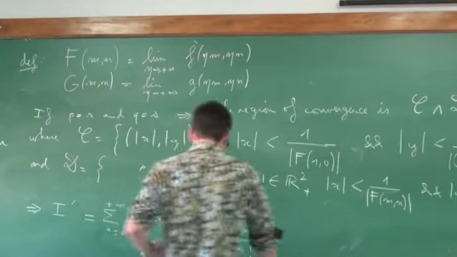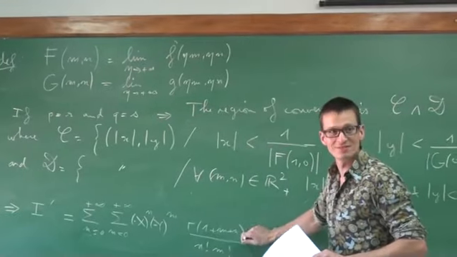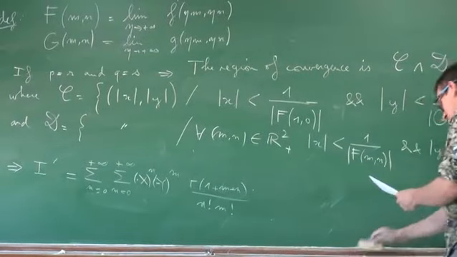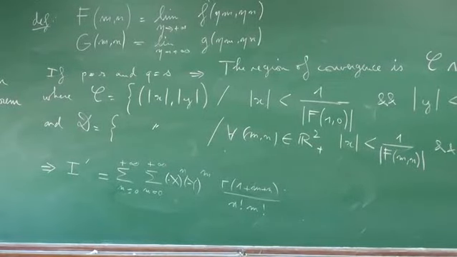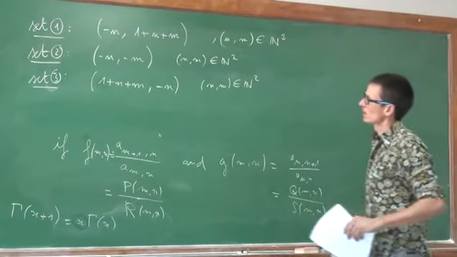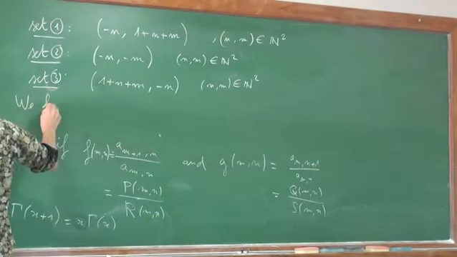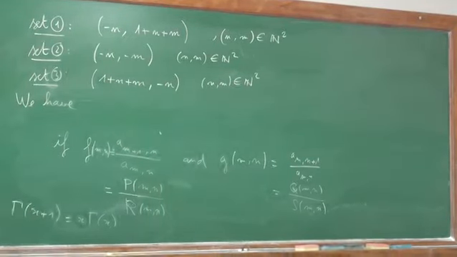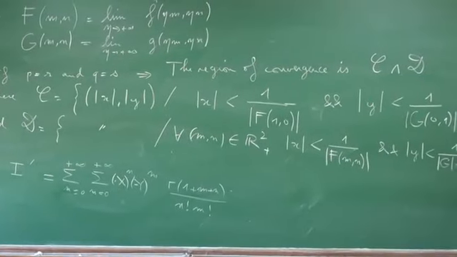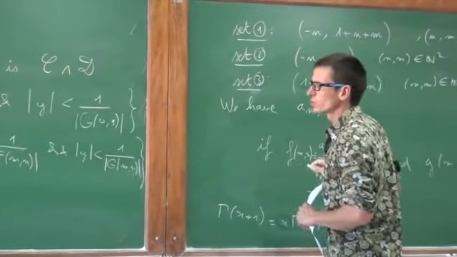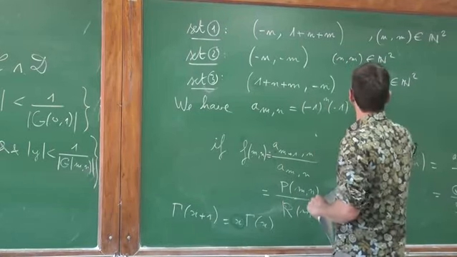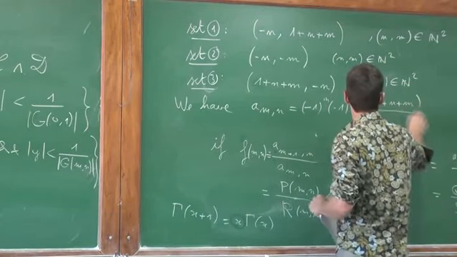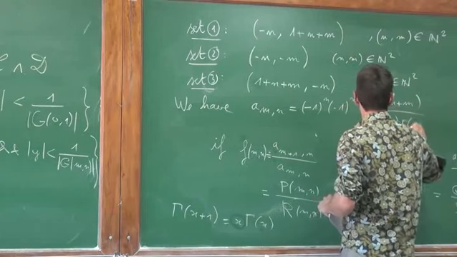Okay, now we can apply this. So we have a m n equals to minus 1 to the m and minus 1 to the n, gamma of 1 plus m plus n, divided by gamma of m plus 1, gamma of n plus 1.